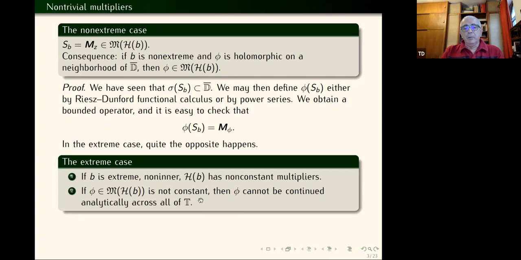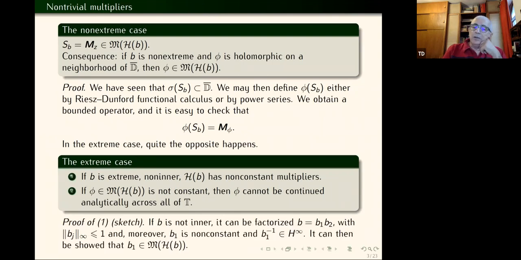Well, I won't prove this, but I will give just an idea of the proof of the first thing, namely that if B is extreme but is not inner, then it has non-constant multipliers.